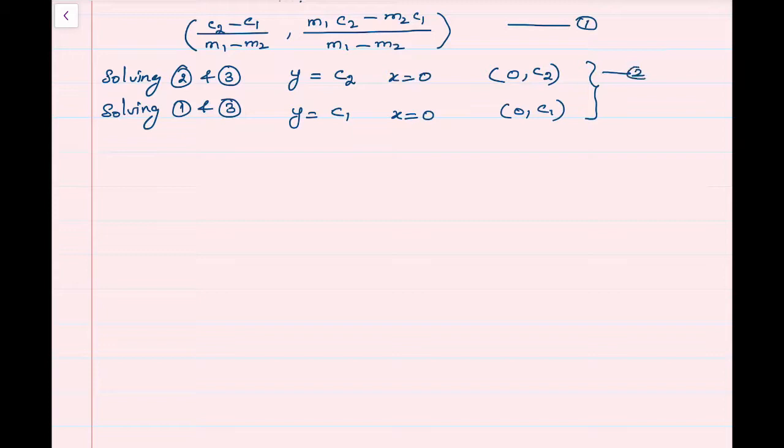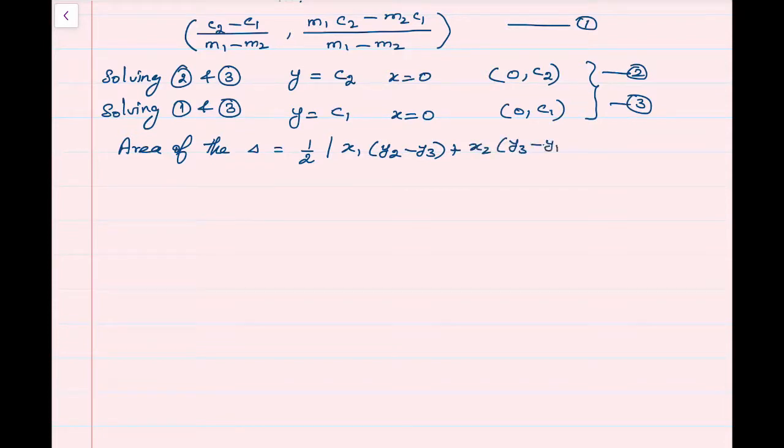Now we have 3 vertices, first, second, third. We have to find the area of the triangle formed by these 3 vertices. Therefore, the area of the triangle is half into the absolute value of x1 times y2 minus y3 plus x2 times y3 minus y1 plus x3 times y1 minus y2.